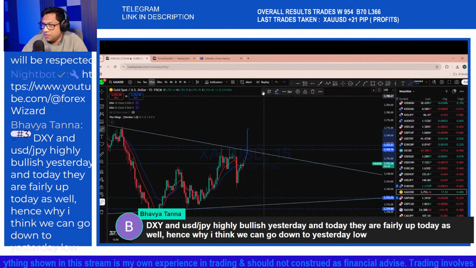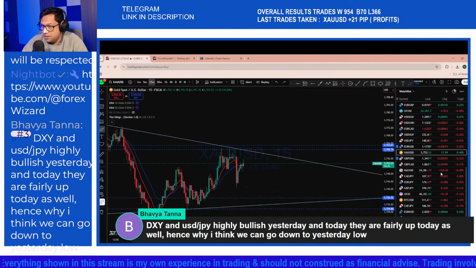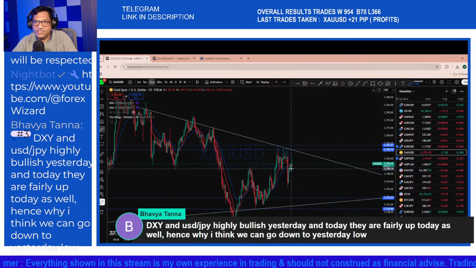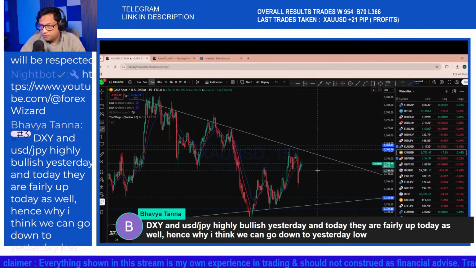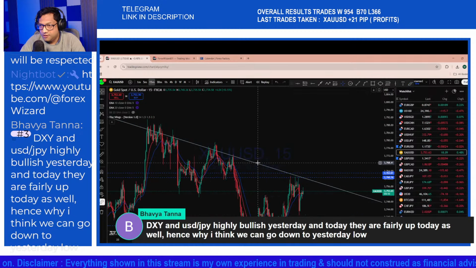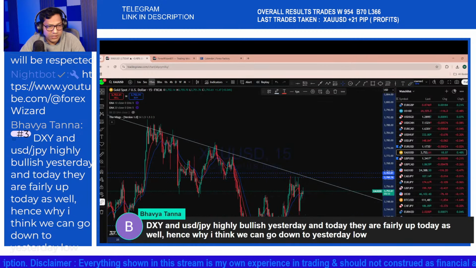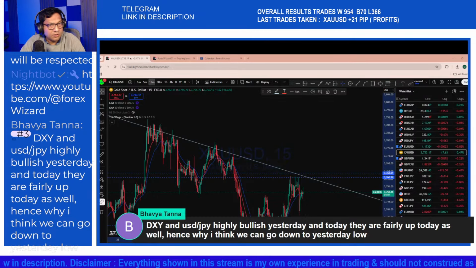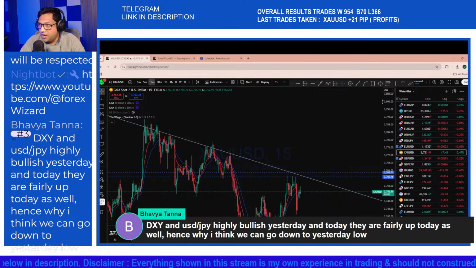If the spike goes up with a potential drop in DXY, we might see the market potentially return, and there is a series of lower highs here.